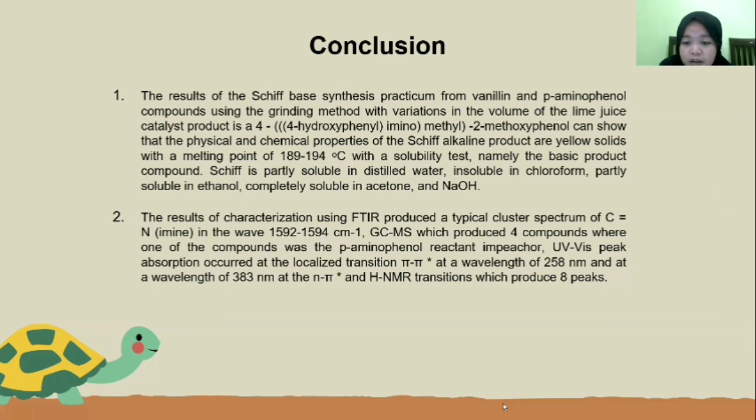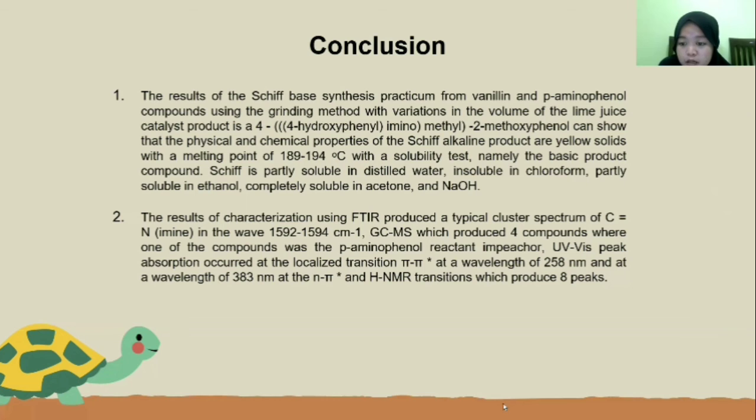The result of identification using FTIR shows a typical imine group spectrum in the range of 1592 to 1594 cm⁻¹. GCMS shows the product compounds, where one of the compounds was the p-aminophenol reactant impurity.